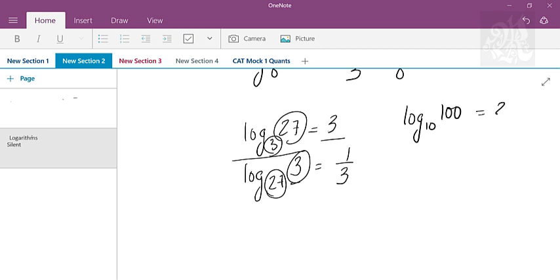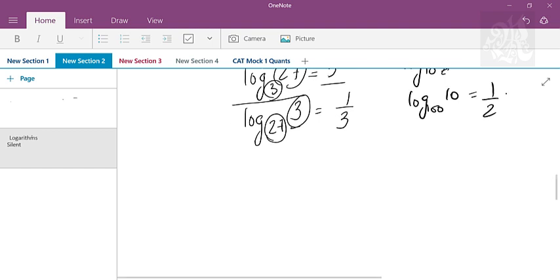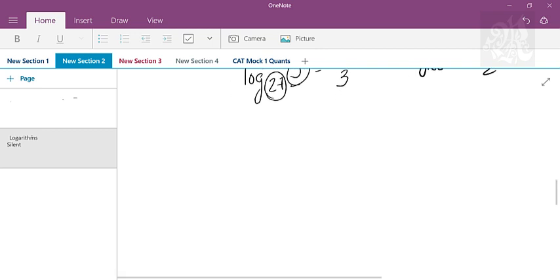So log of 10 to the base 100 is going to be 1 by 2. Simple as that, because you shifted the bases. That's one of the properties of log, called the change of base property. I've not shown it to you in a magnificent manner, only in a very basic way here.